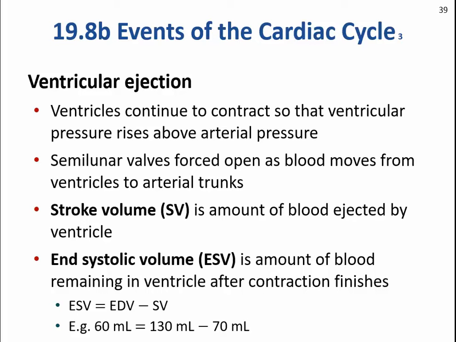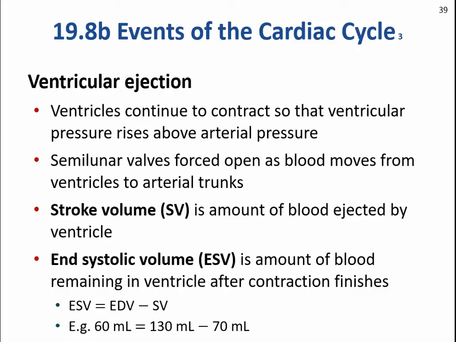So if we push, like this, the equation is just worded awkwardly, but if at the end of filling we have 130 mils put into the ventricle, and 60 mils are left in the ventricle at the end of systole, that means 70 mils got ejected, so the stroke volume is 70.